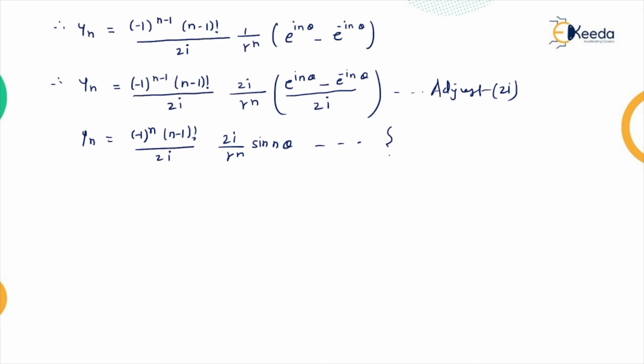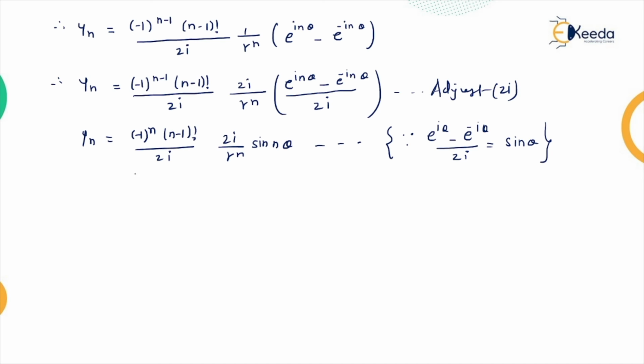What is the reason here? Since e^(iθ) minus e^(-iθ) divided by 2i is the formula for sine of theta, so therefore since n is there, I am writing sine of n theta.